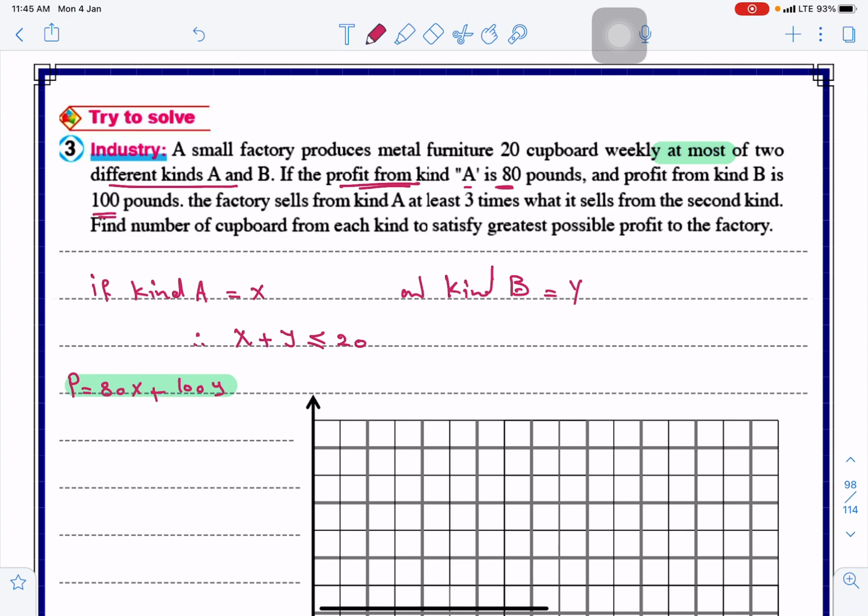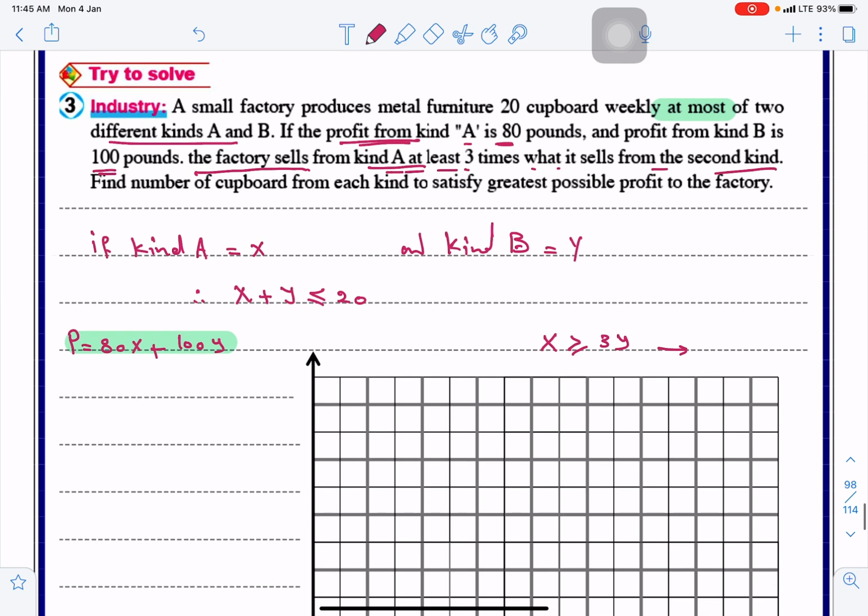The factory sells kind A at least 3 times what it sells of the second kind, so X more than or equal 3y. Find the number of cupboards from each kind.